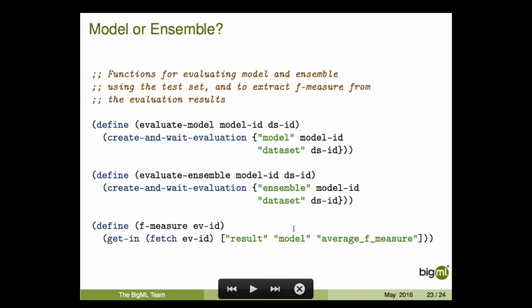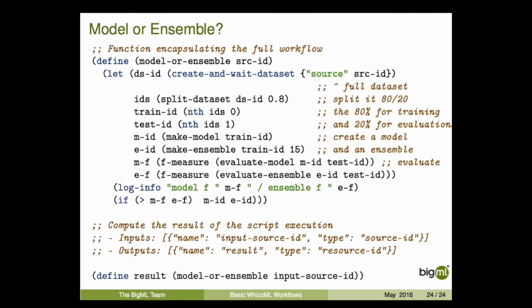So it goes into the result map, into the model map, and then gets out this key average F measure, which contains the value that we want. And then finally, we put it all together. This is the main entry point for the function. First we'll create and wait a data set from a given source ID from the source that we pass in, and so that's the full data set.